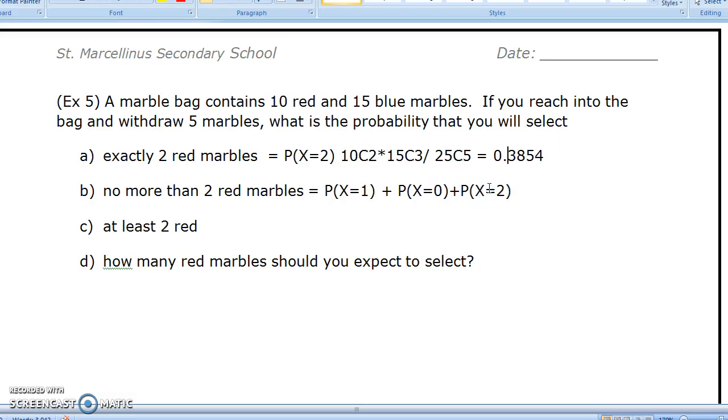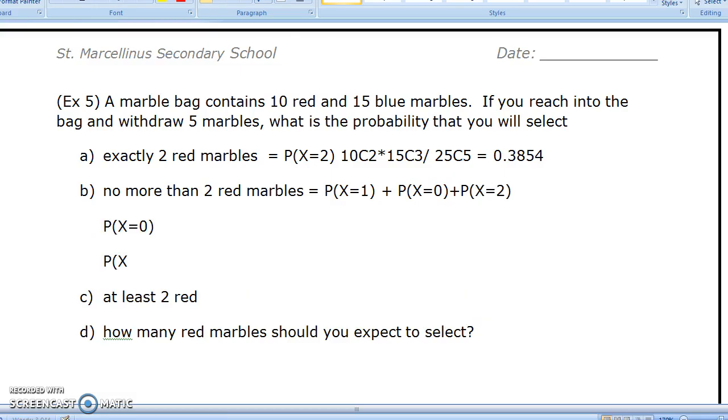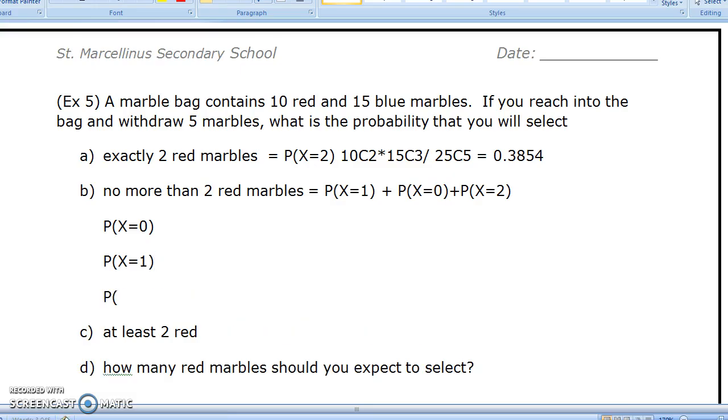This was the 38.54%. So let's simply add all of these up: x equals 0, x equals 1, x equals 2. This one we've already done, so 0.3854 can go in for x equals 2. For x equals 1 and x equals 0, we'll just use GeoGebra to solve it, but 10 choose 0, 15 choose all 5.